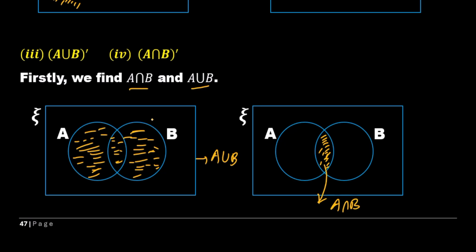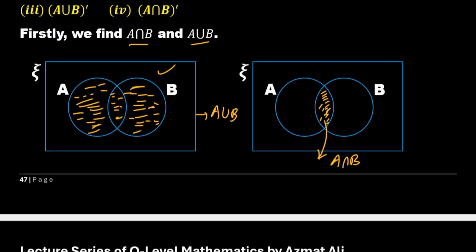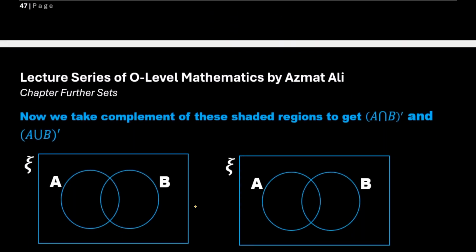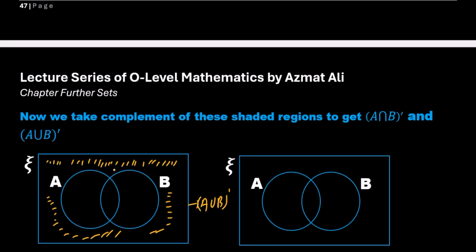Now when you take the complement of this figure, the complement is simply the non-shaded area that is left here. The non-shaded area is the area outside of sets A and B. So this figure represents A union B complement, which is simply equal to the outside area of both sets. So this area, which does not belong to both of the sets, represents A union B complement.